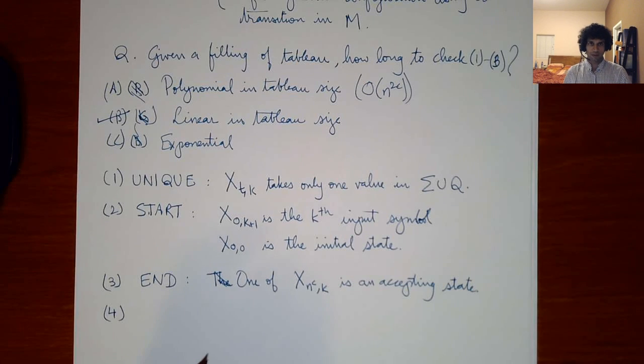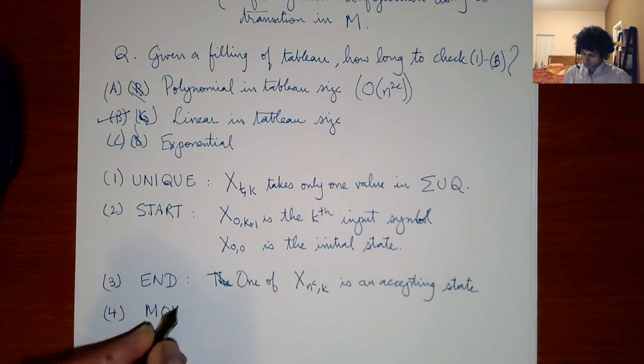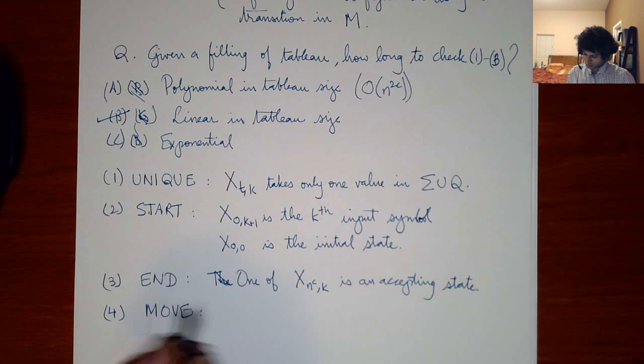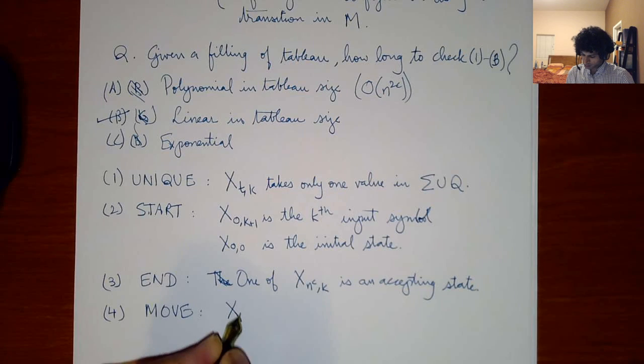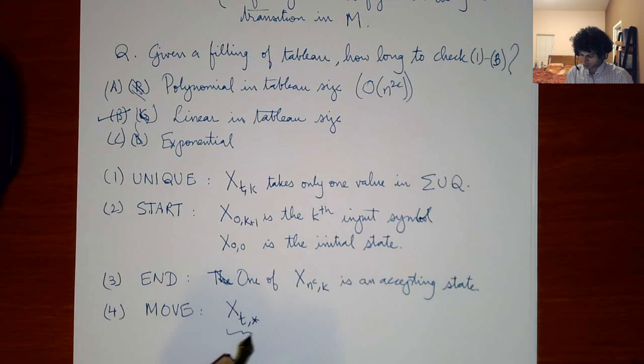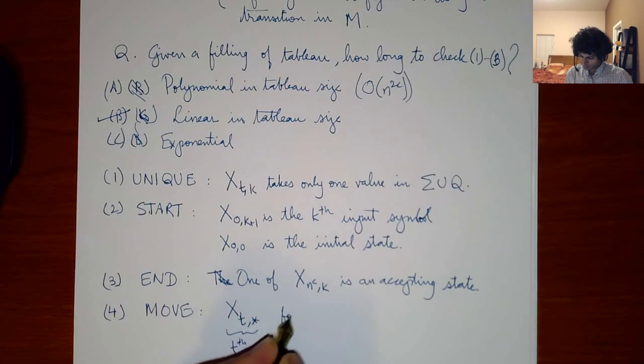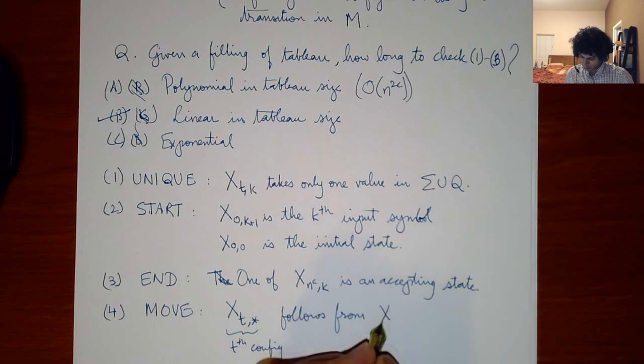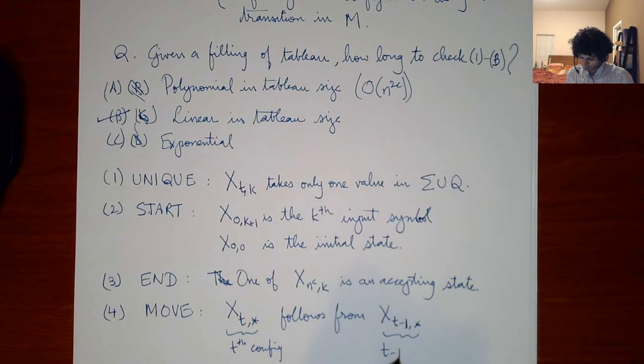And then we have a fourth condition, move, which just says that x_t star, the tth configuration, follows from x_(t-1) star, the (t-1)th configuration.